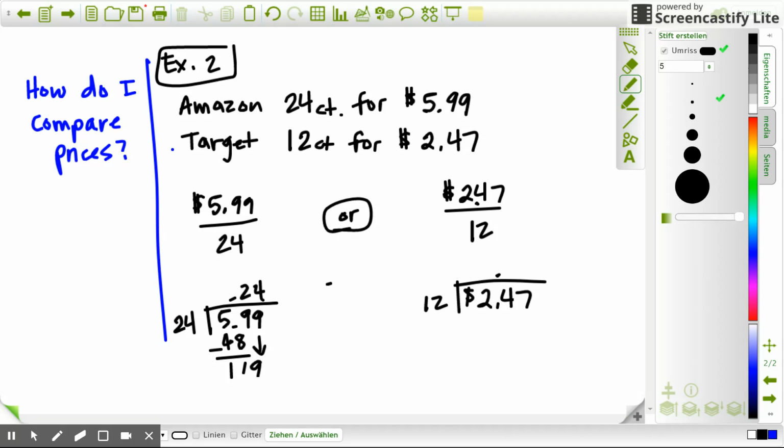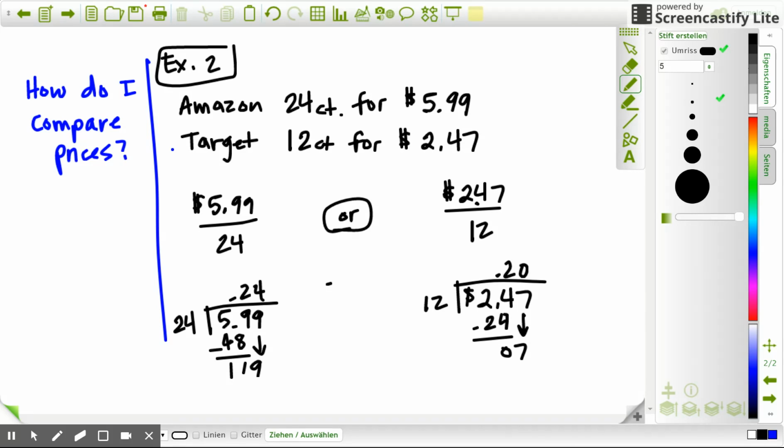Okay, and then 12 goes into 24 twice, and 2 times 12 is 24. Bring down the 7, and 12 can't go into 7, so I got to put a 0 up here. Remember that fun little problem we had earlier last week? So yeah, 12 cannot go into 7, so we put a 0 at the top.